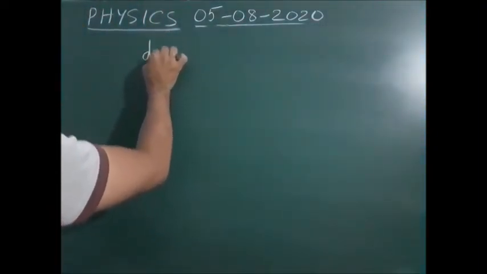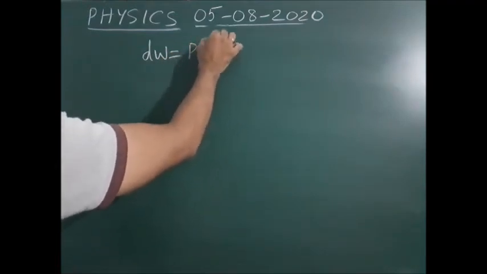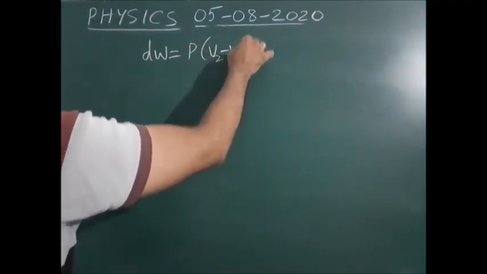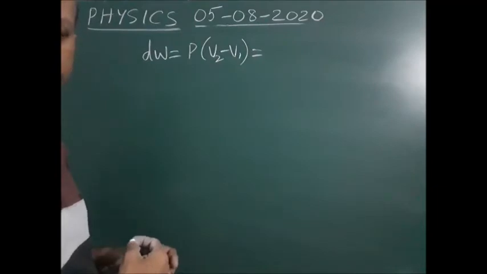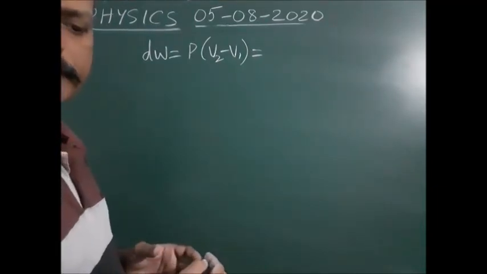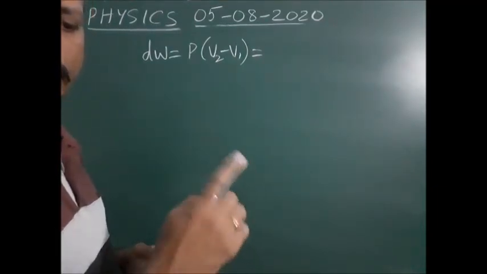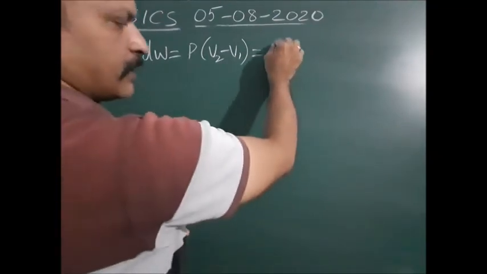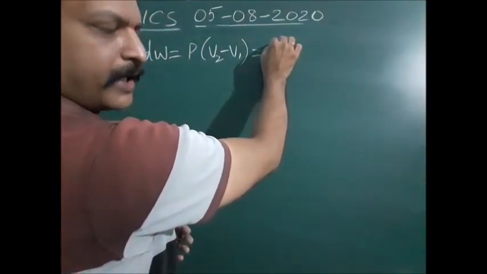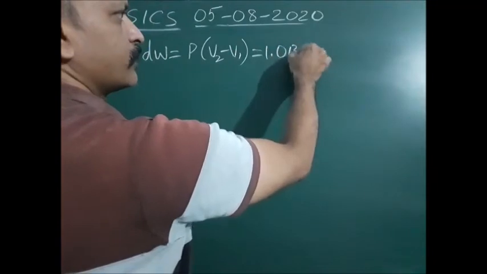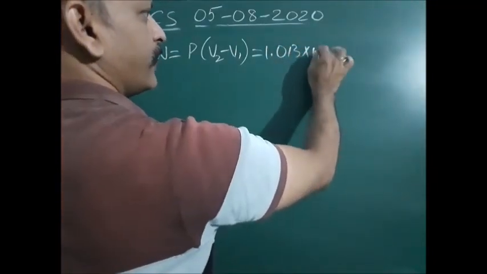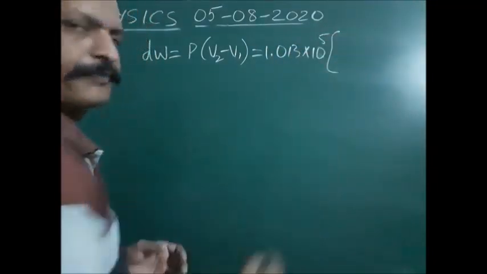Okay. So here, work done, let us find out first. Work done is P into change in volume at constant pressure. Pressure is at normal atmospheric pressure, that will be 1.013 into 10 to the power 5 Pascal. Okay.